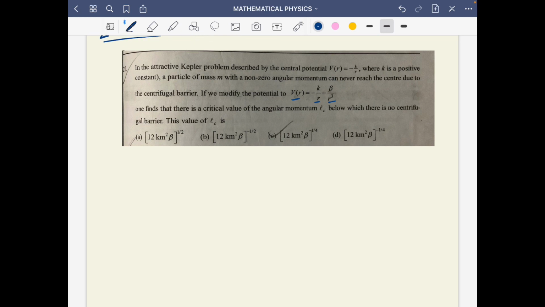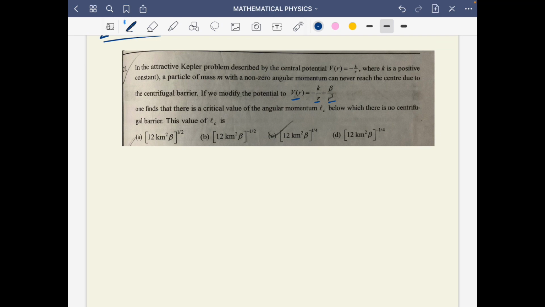Okay, so now here we go. From the options you can see there is k, m square, beta in each of them. So we will find out the values of k and beta, put them into these expressions, and find what suits best for the angular momentum.